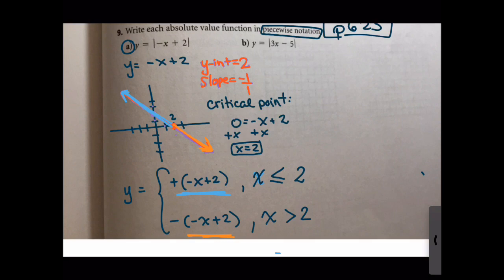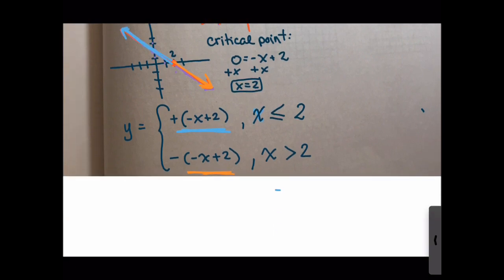So for your questions today, because I think I wrote down, you're going to start with page 622. You're going to do 7A. Write each absolute value function in piecewise notation. 8A, I want you to just graph an absolute value as well.